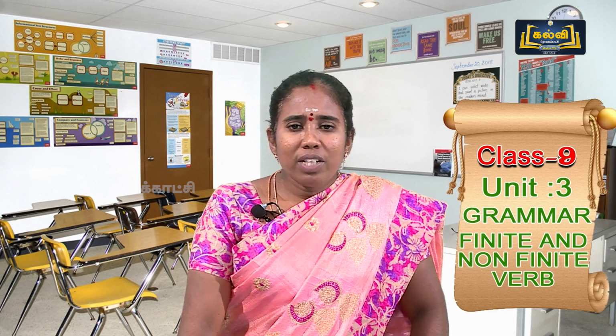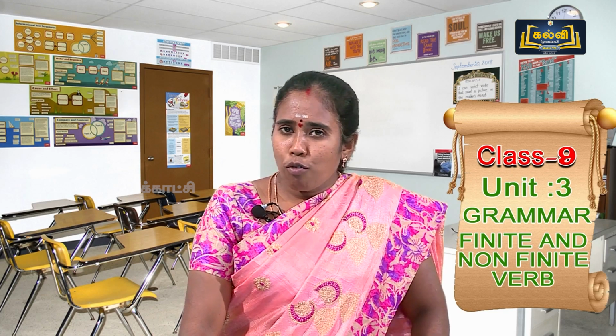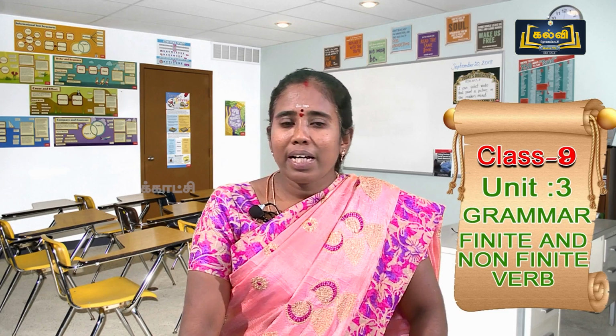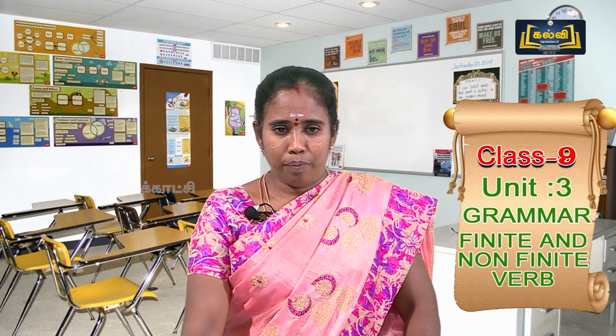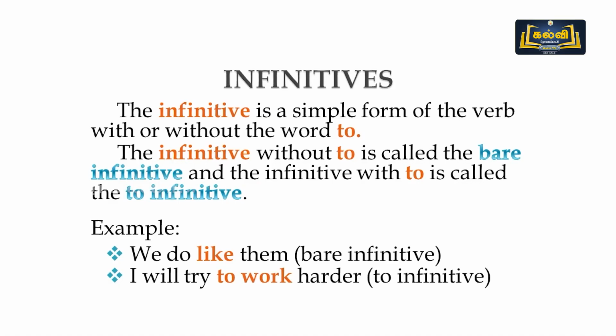Children, we will see the third kind of non-finite verb, infinitives, now. The infinitive is a simple form of a verb with or without the word to. The infinitive without to is called the bare infinitive, and the infinitive with to is called to infinitive.